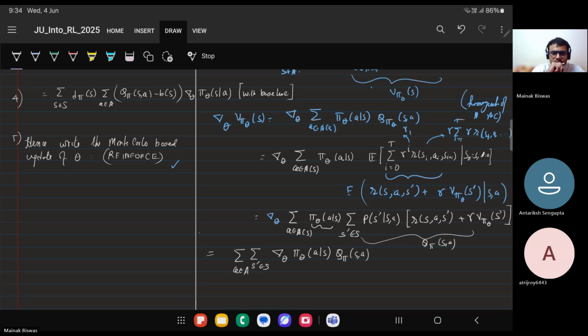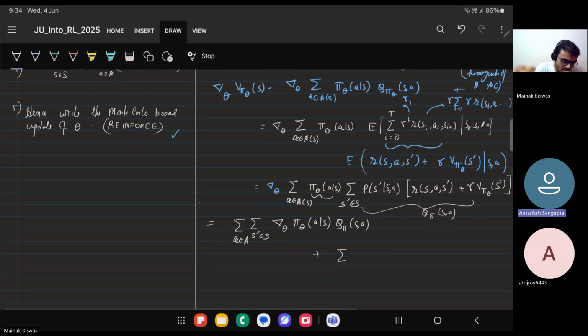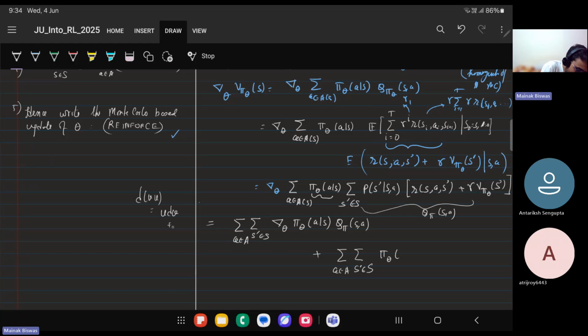Second one, in effect we would be only differentiating the V pi theta of S dash. You have understood. So if I differentiate, I'll keep this fixed. UV rule: d of UV, U dV plus V dU is what I'm doing.